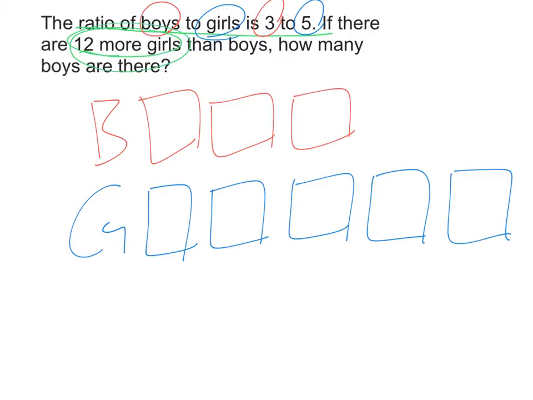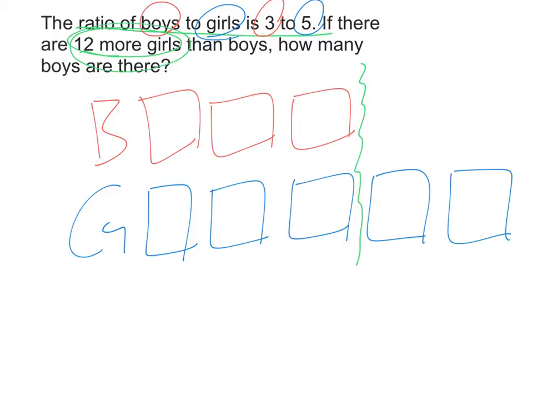So if we're just looking at this tape diagram, we can see that there are more girls, right? There's more boxes for girls than boys. But how we can think about it is if we imagined anything beyond this point, that represents the extra girls.